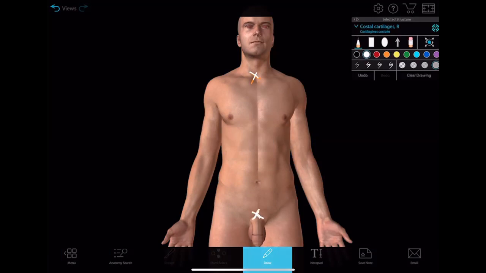So this is the line joining the jugular notch and the pubic symphysis. Midway between the jugular notch and pubic symphysis is the transpyloric plane, right?